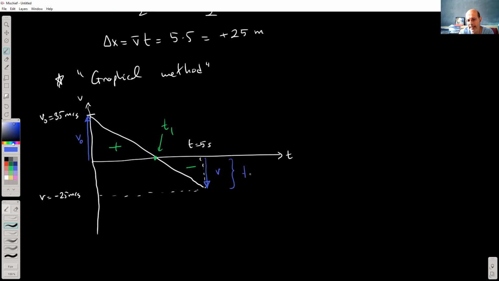Take this base length as a negative number. So without computing this time here, you can just compute the area by using the trapezoid formula.